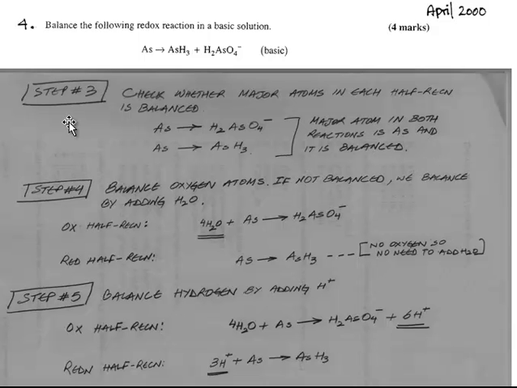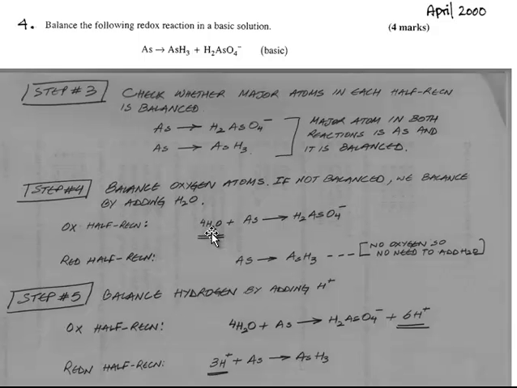And step 4 is we start with balancing oxygen, and if oxygen is not balanced, we introduce water and balance it that way. So we find in the oxidation half reaction that there's 4 oxygen on the right hand side, but there is no oxygen on the left hand side, so we balance them by adding water.